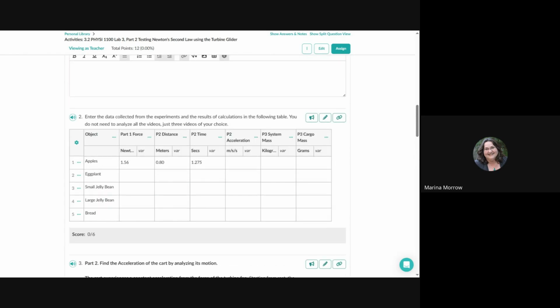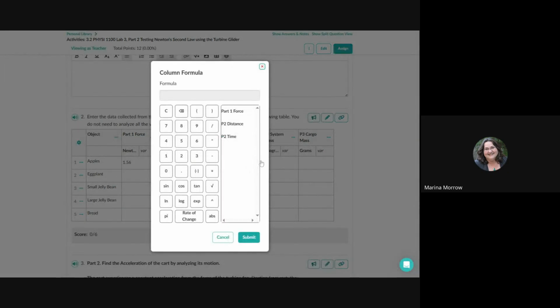Okay, now, no numbers have appeared in here, but you can make the program do the calculations for you. The way that you do that is you can set a formula. The formula we want is 2 times the distance over t squared. So the columns become your variables.